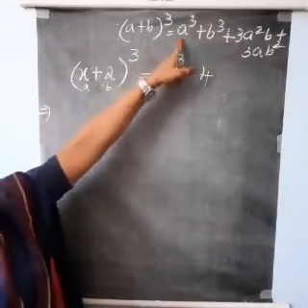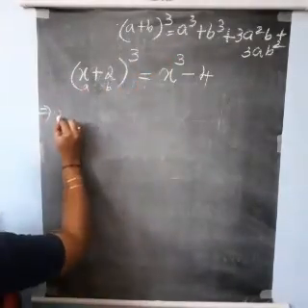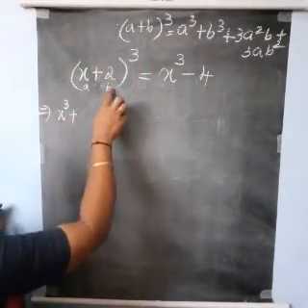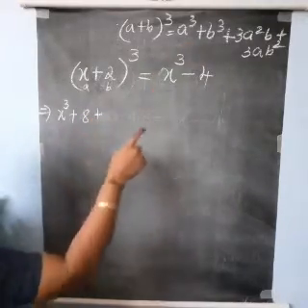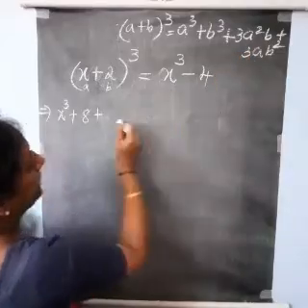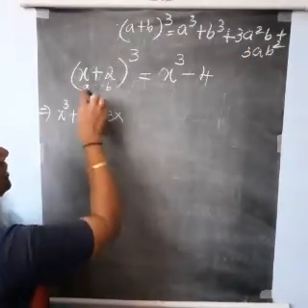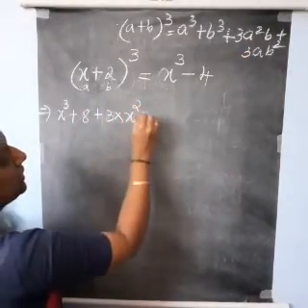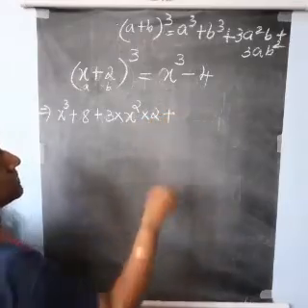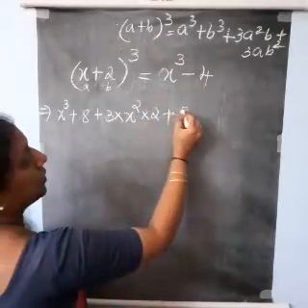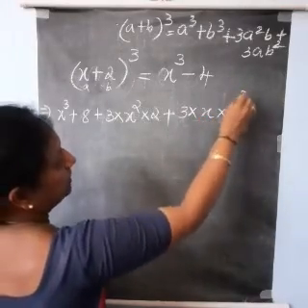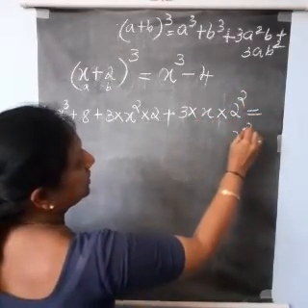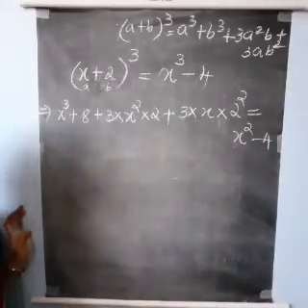So what is my first term? a cubed, that will be x cubed, plus b cubed, 2 cubed, that is 8, plus 3a squared b, that is 3 into x squared into 2, plus 3ab squared, 3 into a into b squared, is equal to x cubed minus 4.